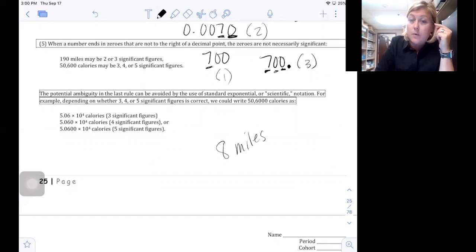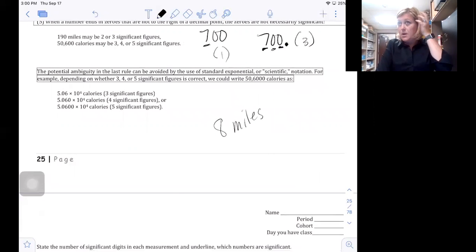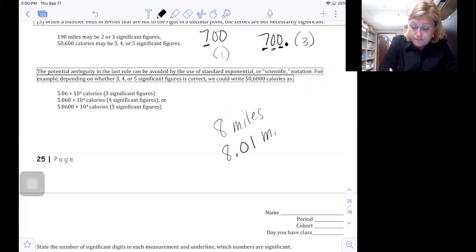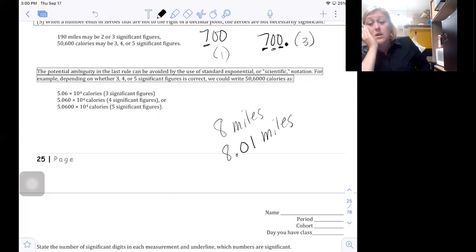Now if I want to look at maybe walking home and measuring with a laser as I walk, or I can track my steps and then convert steps to miles, maybe I would end up with Ms. Sundberg lives 8.1 miles. One of them I used a bad measurement tool. The other one I used a pretty good measurement tool.